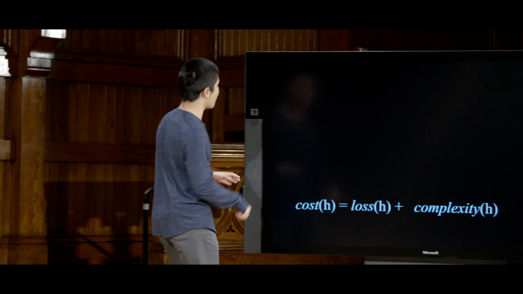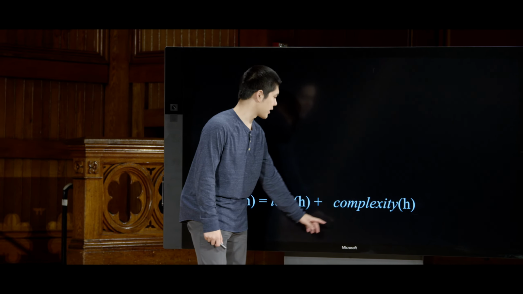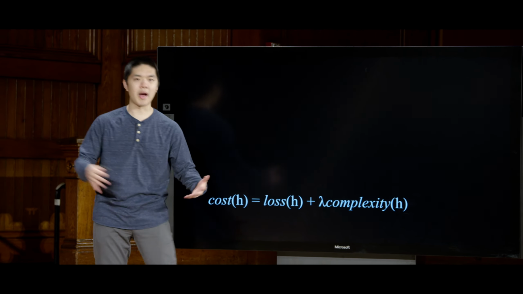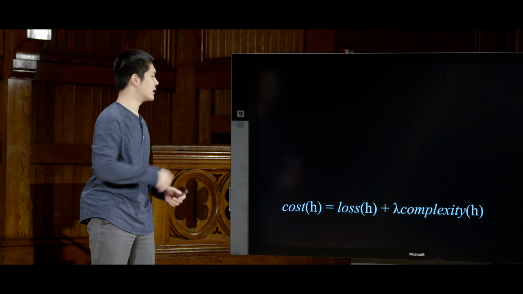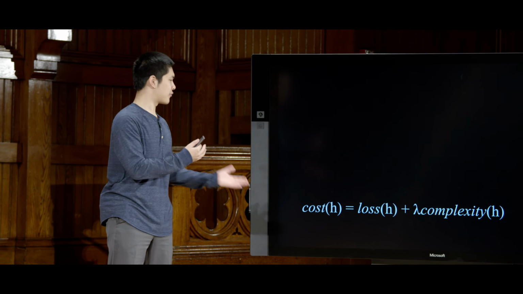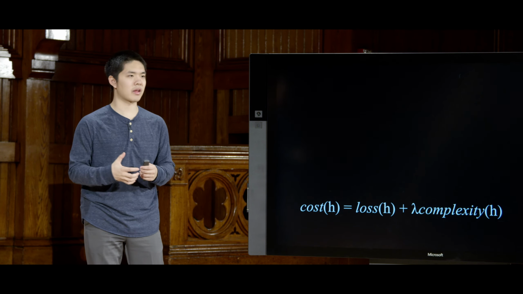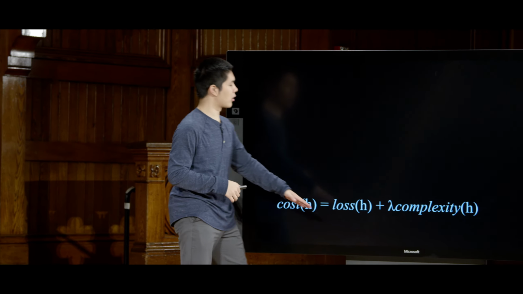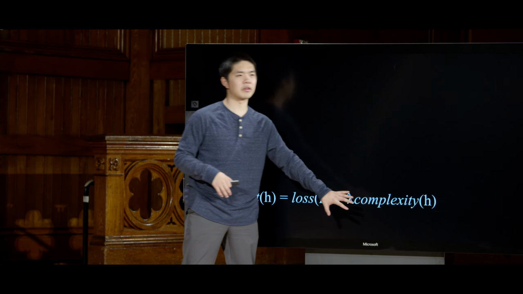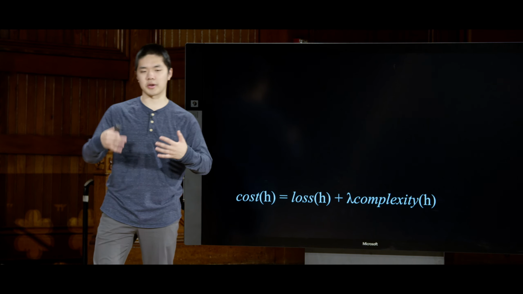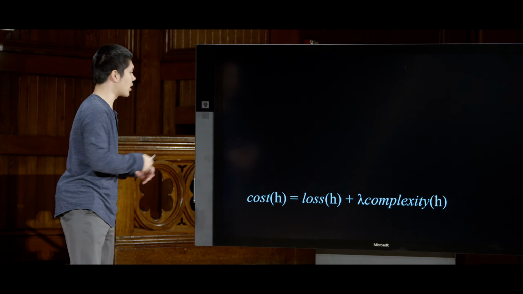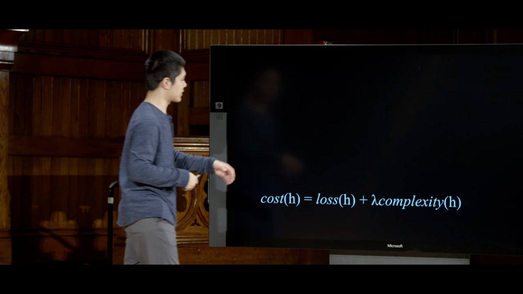And for that reason, you'll often see this represented as multiplying the complexity by some parameter that we have to choose, parameter lambda in this case, where we're saying, if lambda is a greater value, then we really want to penalize more complex hypotheses. Whereas if lambda is smaller, we're going to penalize more complex hypotheses a little bit. And it's up to the machine learning programmer to decide where they want to set that value of lambda.